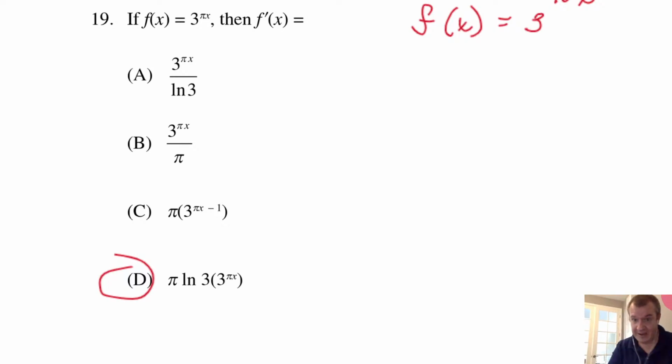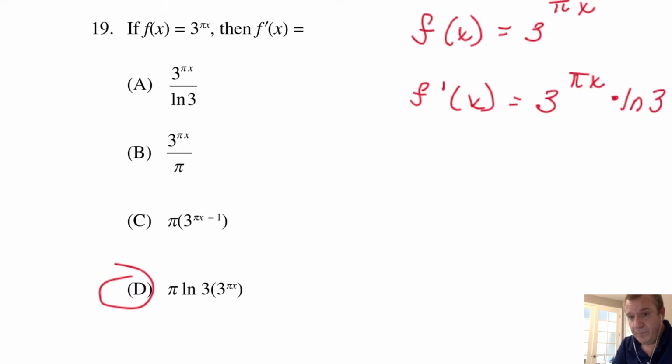Here, you're not going to do anything at all chain rule related. You're going to apply the overall derivative first. Remember, derivative of the outside, then the inside. So if we're going to take our first derivative, still going to be the exact same function, 3 to the pi x times the natural log of 3.